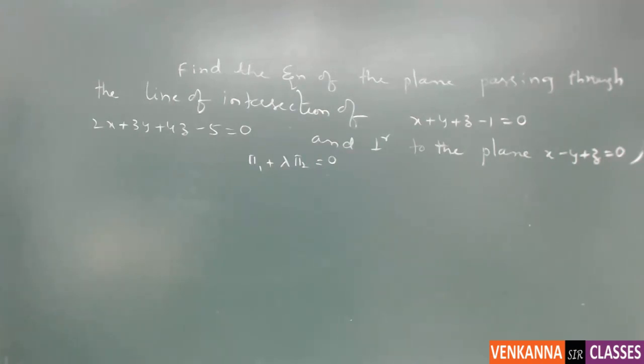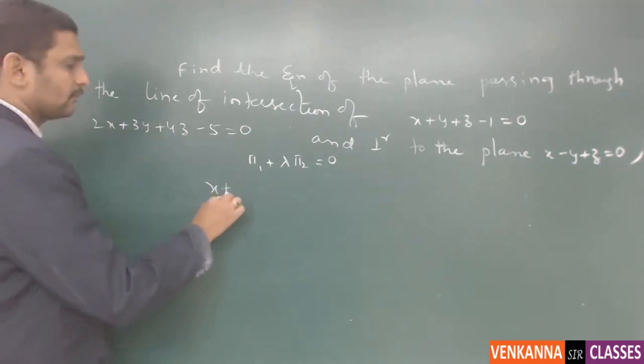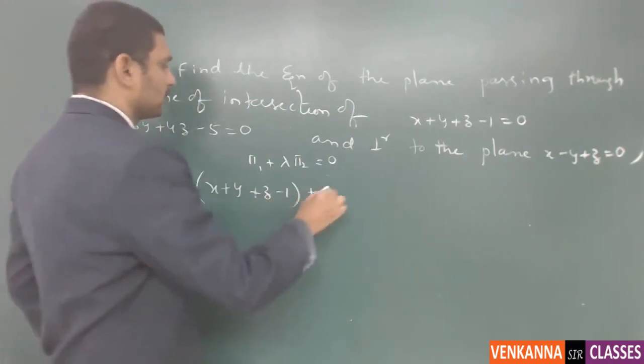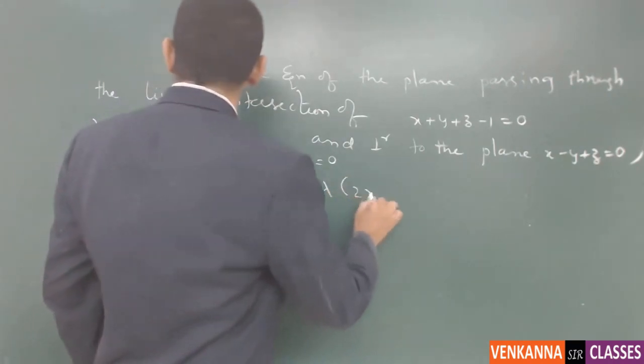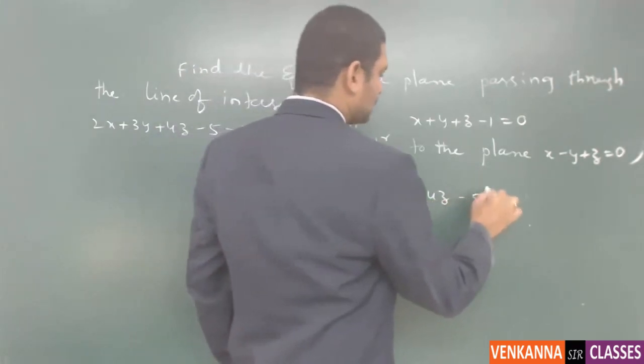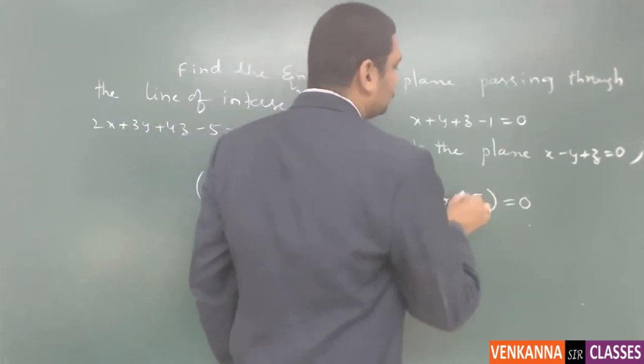So let us apply the formula first. So you have x plus y plus z minus 1 plus lambda into 2x plus 3y plus 4z minus 5 equal to 0.